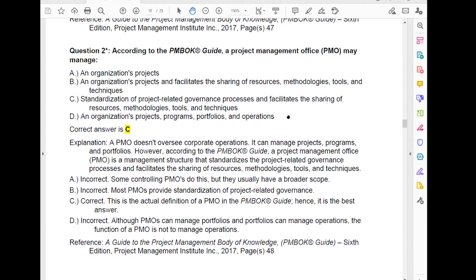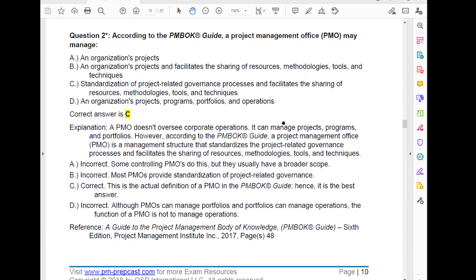So the explanation for this answer is PMO doesn't oversee corporate operations, so it can manage projects, programs, and portfolios. However, according to the PMBOK guide, a project management office is a management structure that standardizes the project-related governance processes and facilitates the sharing of resources, methodologies, tools, and techniques.